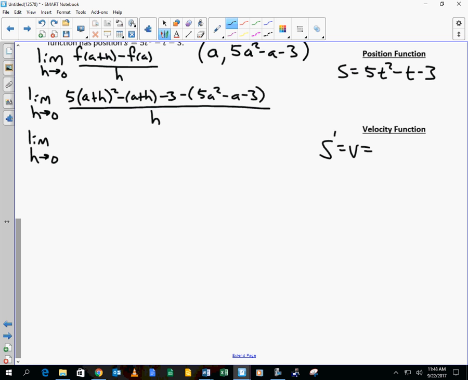You guys remember, because we practiced this already, but doing it last year, if it doesn't have an h, it should cancel. So we want to anticipate that as we work everything through, because everybody should know this. If I plug in 0 right now, what would I get? 0 over 0. That's what we would get. So we have to divide off that discontinuity. So let's try that, okay? I distribute the 5 after I square it.